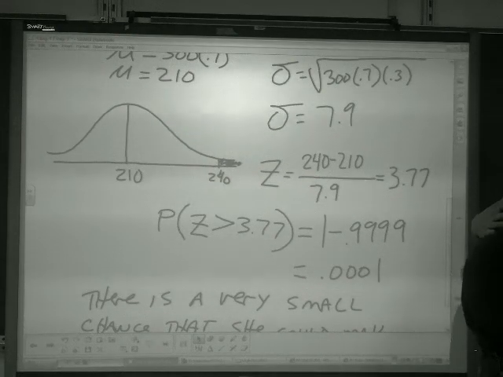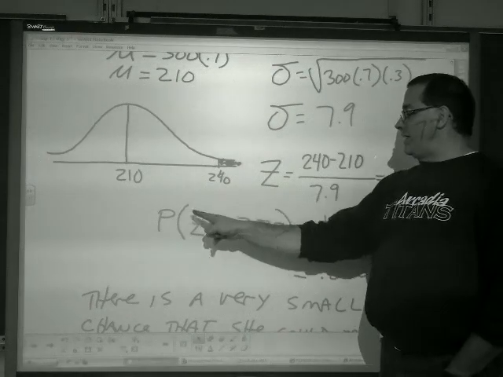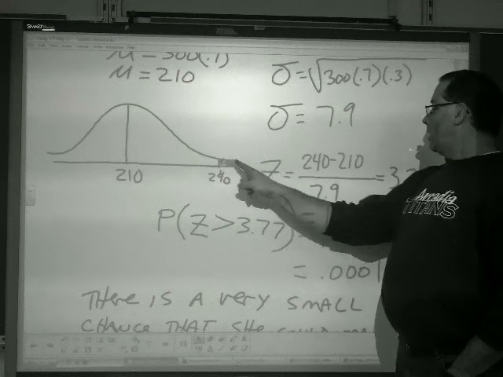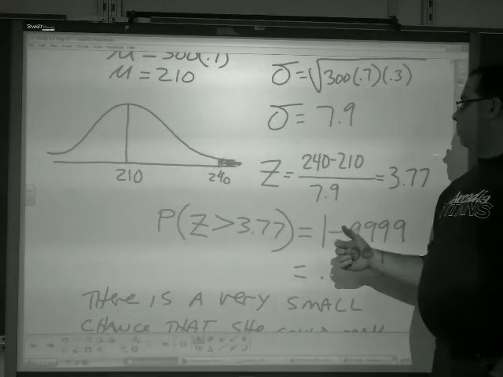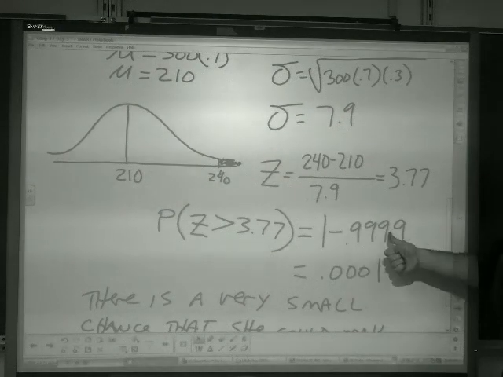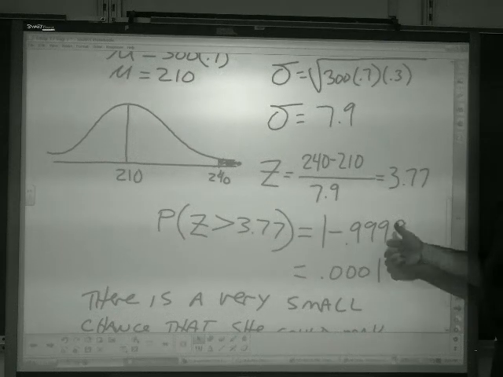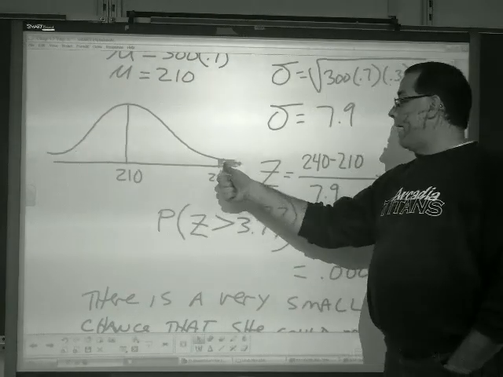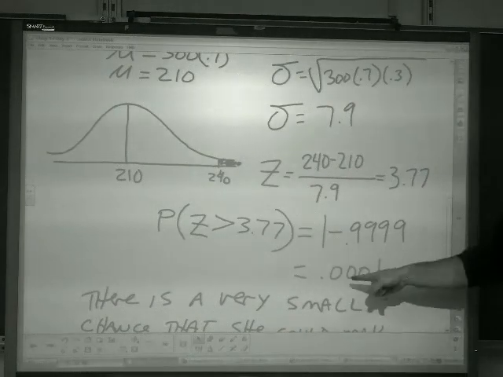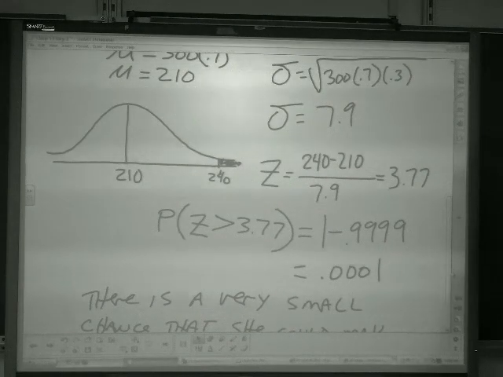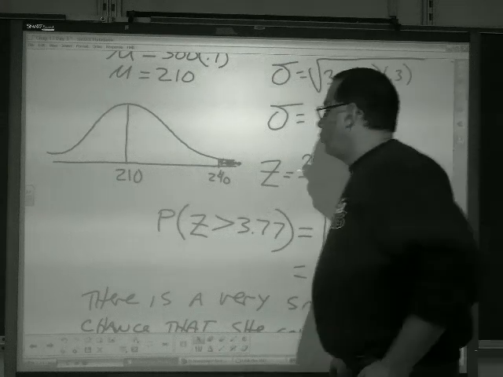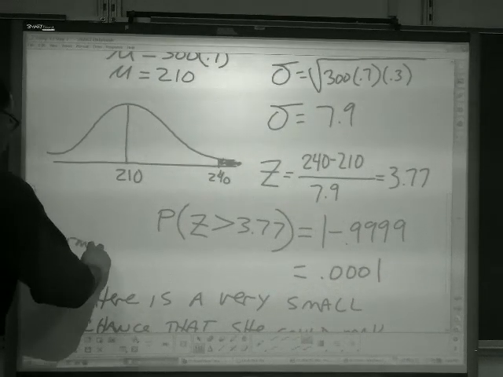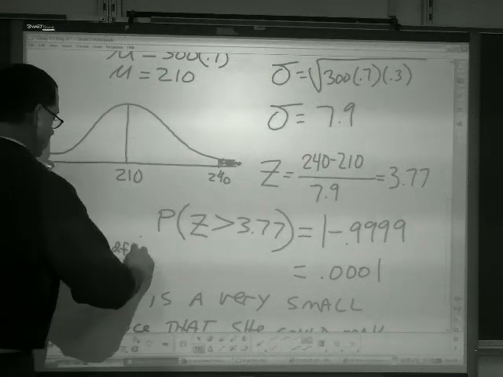Okay? So the probability that z is bigger than this, we looked this up in the back of the book. And if I look up 3.77 in the back of the book, it tells me 0.9999. And that's this in the back of the book. 1 minus that is the upper part, which is 0.0001. If you wanted to, you could have done normal CDF.